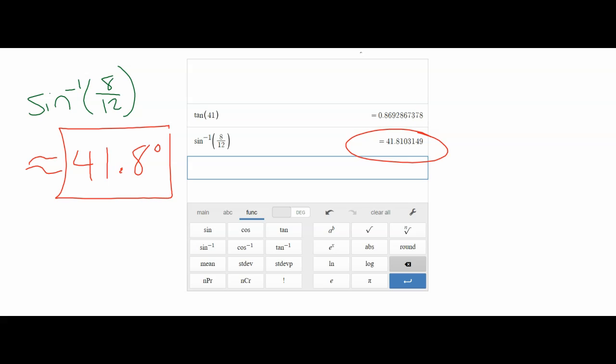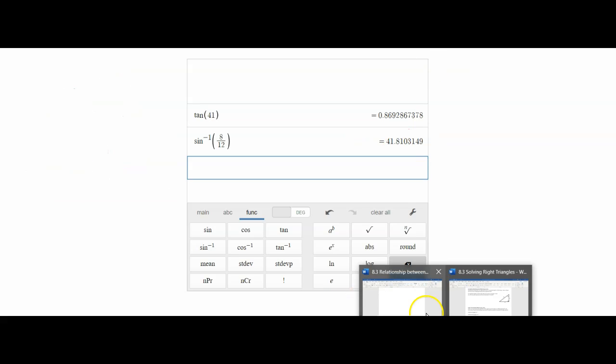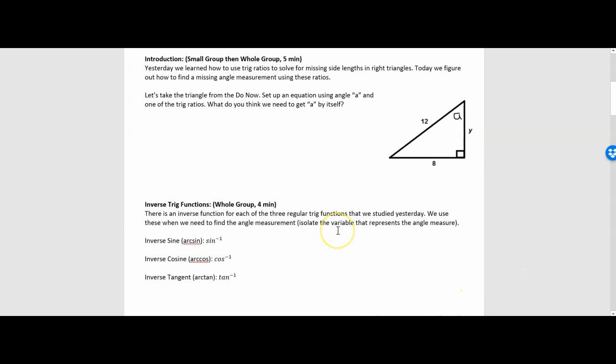Let's go back to our notes and let's just sum up what we've learned here. Okay, so again, what we've just found is that this angle is approximately 41.8 degrees. Now, there's actually 3 of these inverse functions, right?